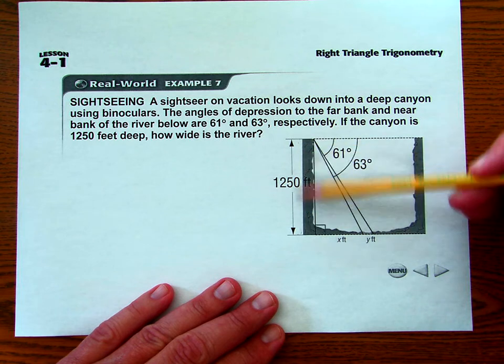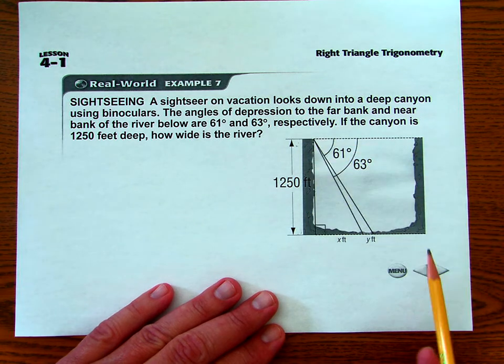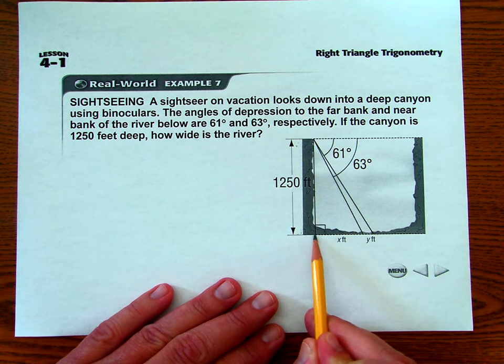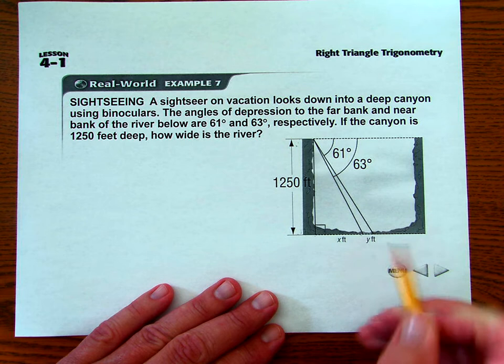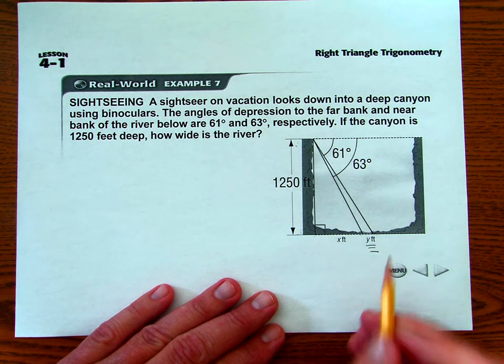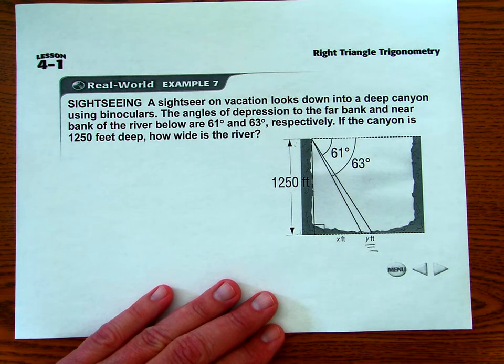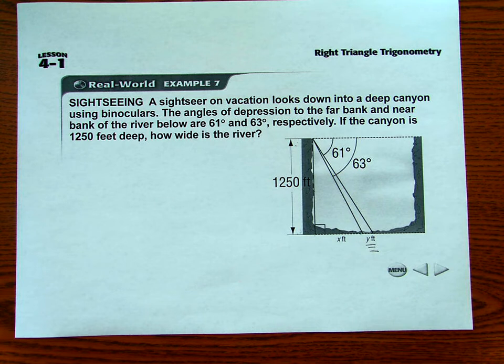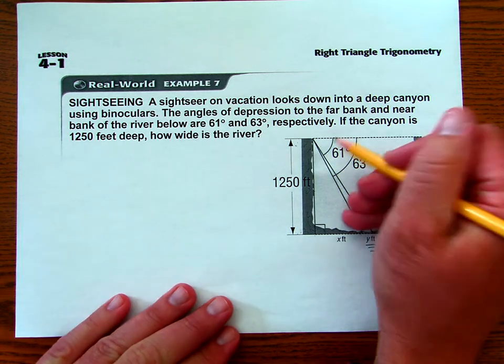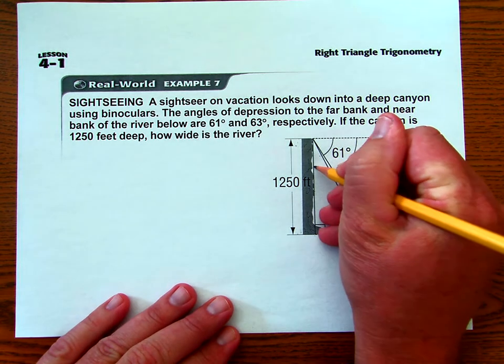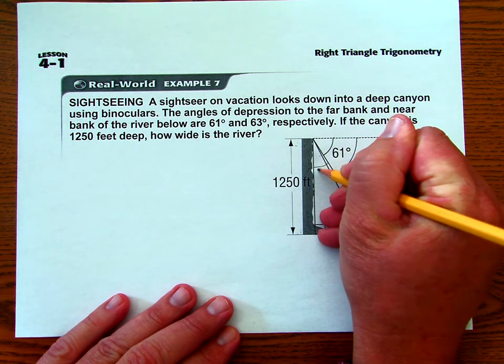They already have variables defined in the problem. X is from here to here, and Y is the length of the river, that little river in the middle of the canyon. So that's what we're shooting for, our final answer. Now, if this is 61, that angle from there to there is 29.